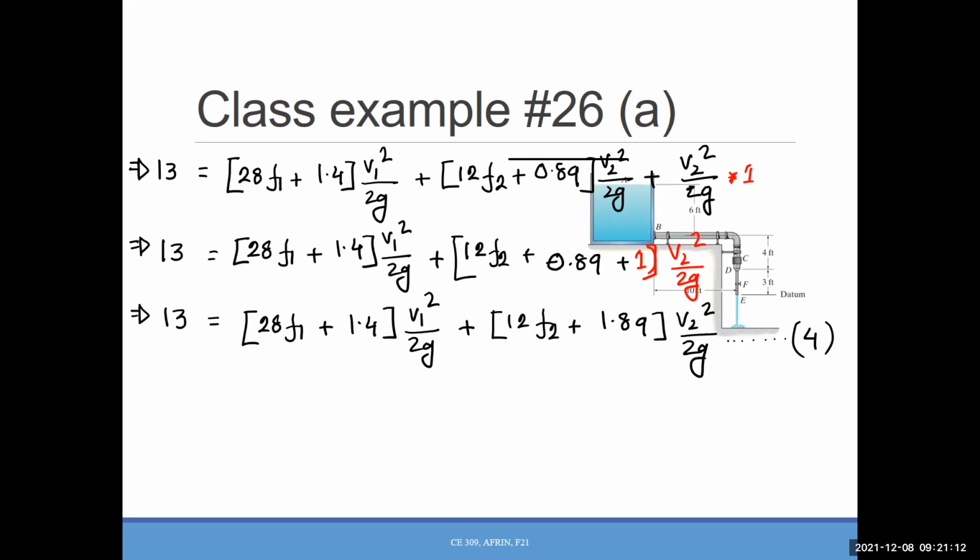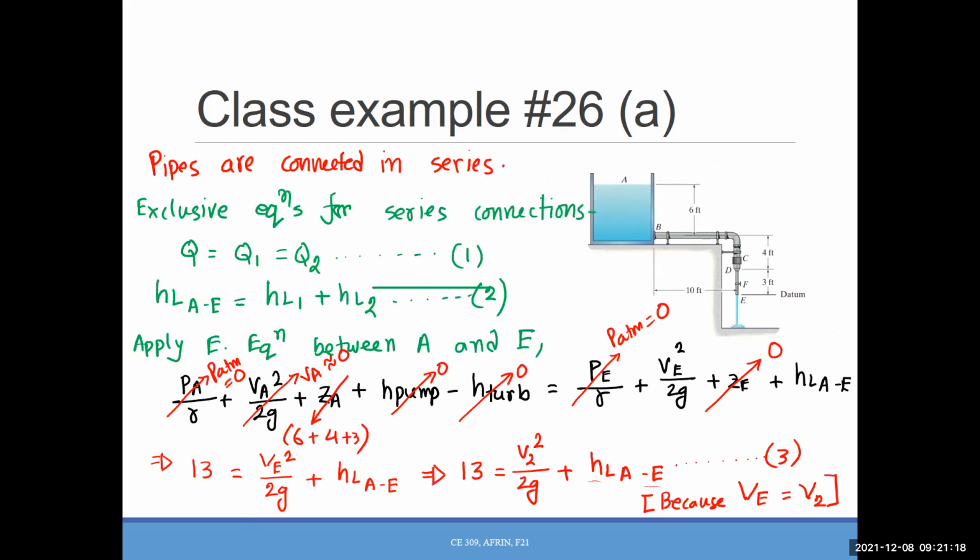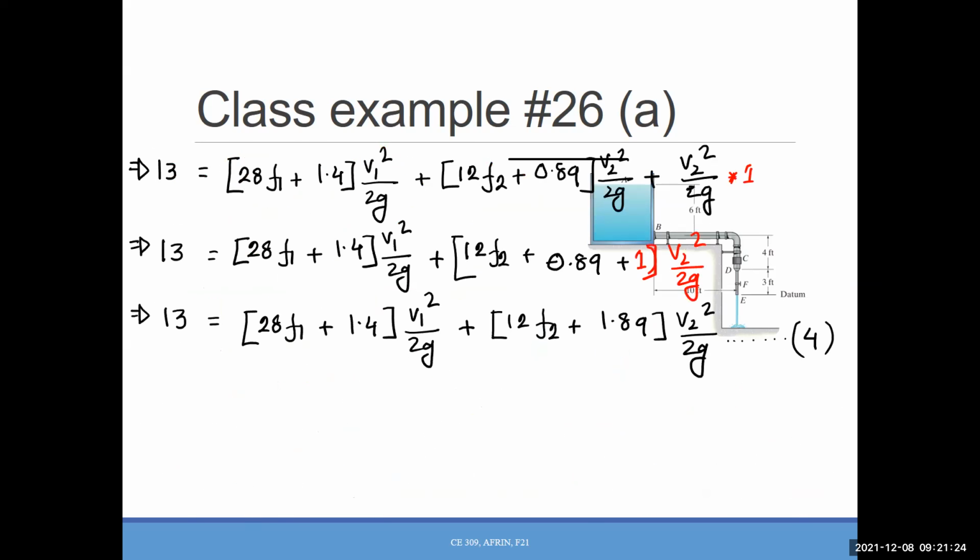The Q, yes. So since the same Q is going into pipe 1 and pipe 2, I can say Q1 equals to Q2, which is that relation, right? Equation 1. Good. So that's what I will use. So what we will do, from using equation 1, we will try to reduce at least one unknown here.